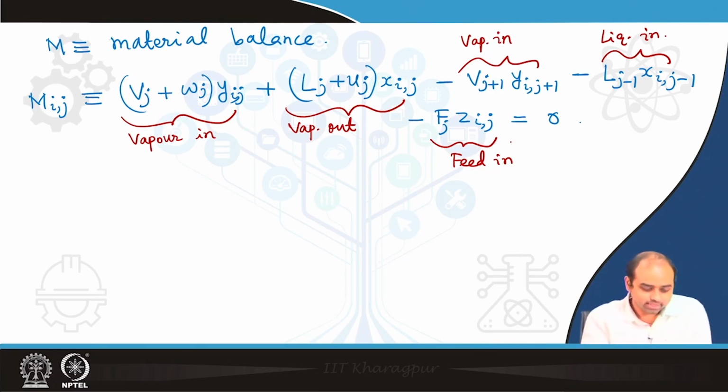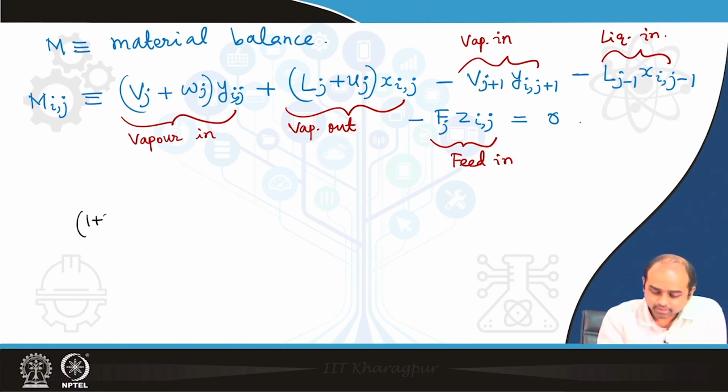So I can just write in a little bit modified form as (1 plus gammaVj) Yij Vj. So what is this gamma? Gamma Vj is nothing but the ratio actually, Wj by Vj.